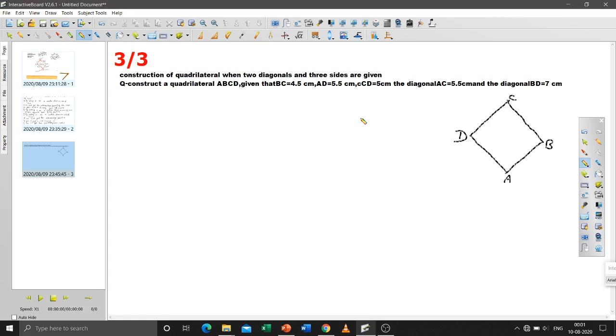Now, we'll construct a quadrilateral when two diagonals and three sides are given. Construct a quadrilateral ABCD given that DC is equal to 4.5 centimeter. First of all, we'll mark the dimensions of the sides given. AD is equal to 5.5 centimeter. CD is equal to 5 centimeter.